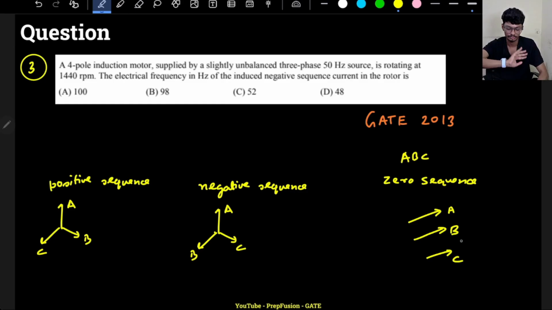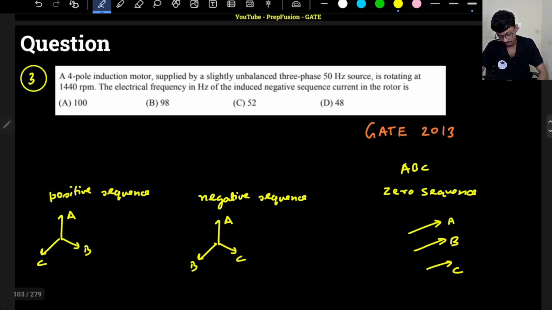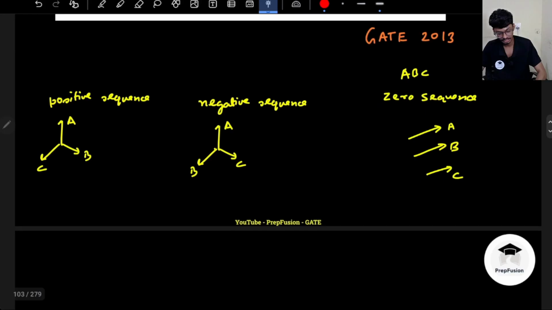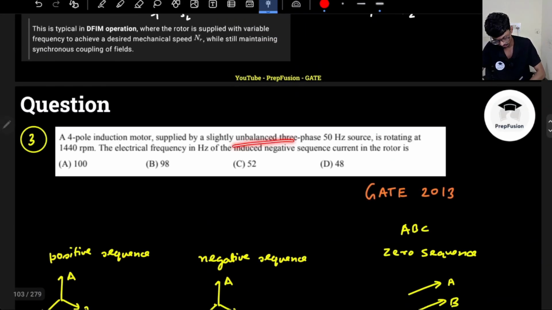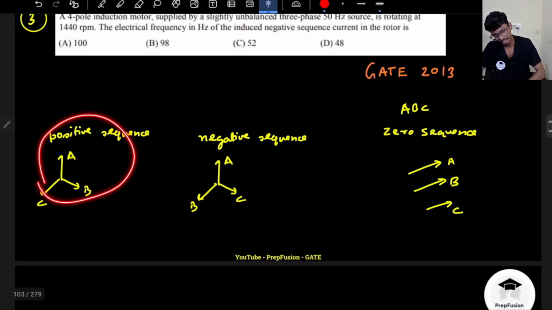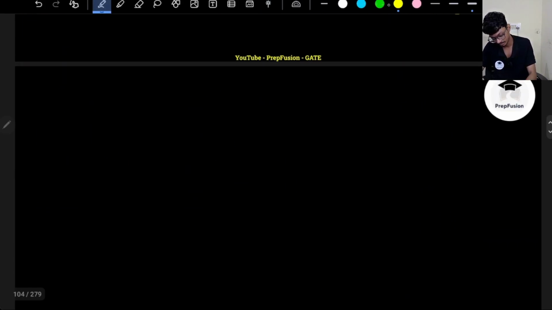There is no phase difference between the three components, right? They're asking the frequency in hertz of the induced negative sequence current in the rotor. Actually, this is a very good question. Because it is unbalanced, there will be three components. One will be the positive sequence. Due to the positive sequence in the primary, so basically, here I have the stator windings.